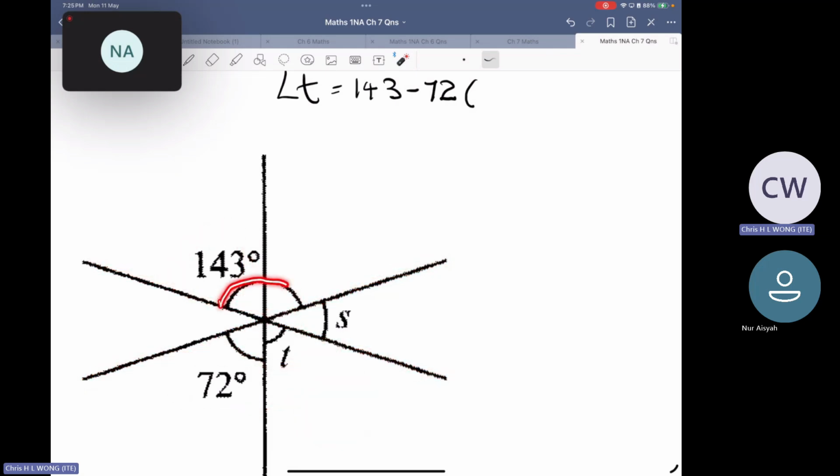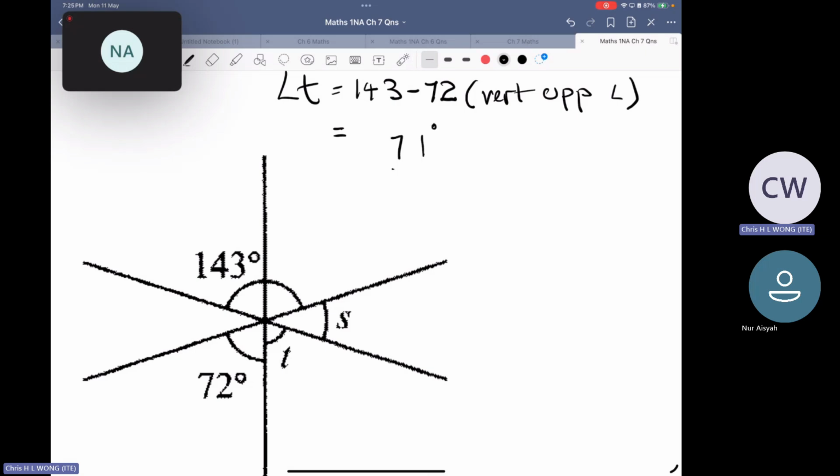Because if this is 143, this one is also 143. So 143 minus 72 will give you t. You are actually applying vertically opposite angle. What is t? Someone give me the answer, please. 143 minus 72. 71 degrees, yes. Okay. So t is 71.